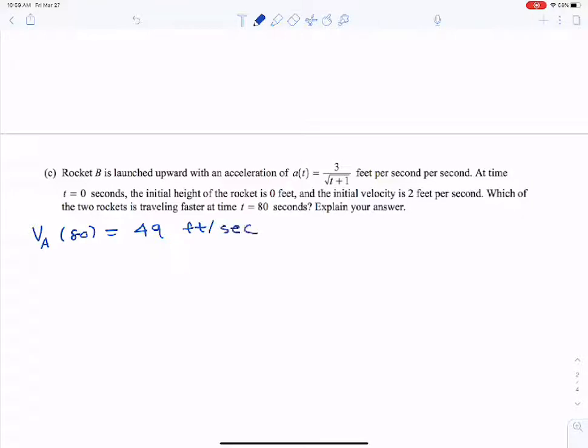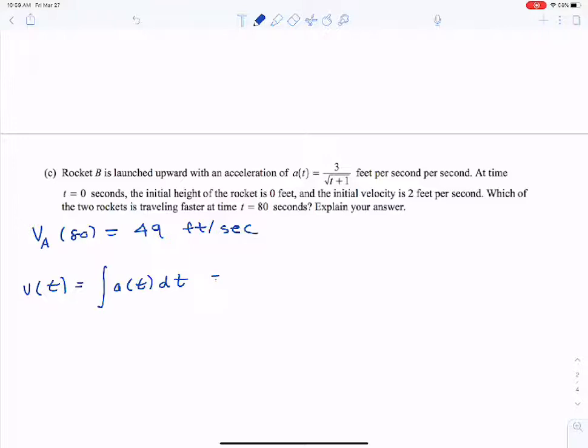Let's go and find the velocity for rocket B. So the velocity of rocket B is going to be equal to, we're going to take the antiderivative of A of t. Okay?